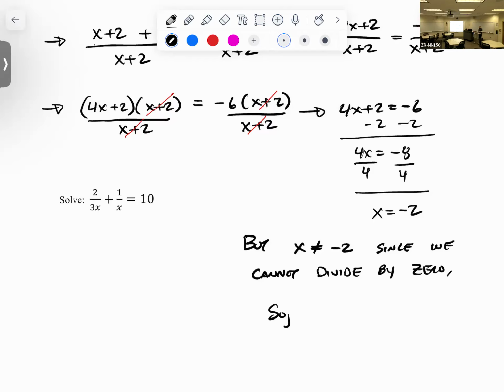Does anyone know what's left? You guys remember seeing this? No solution. I think that's really fun. Most people feel dissatisfied by it. They're like, whoa, I did all that work just to say it can't be that number, so then the answer is no solution.